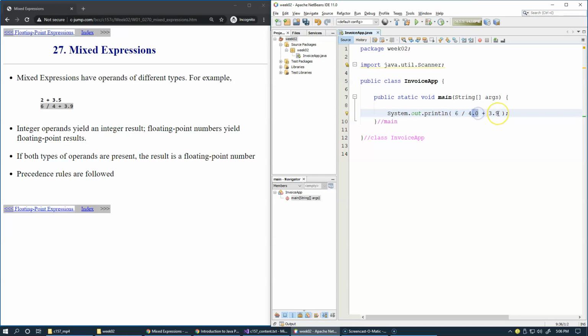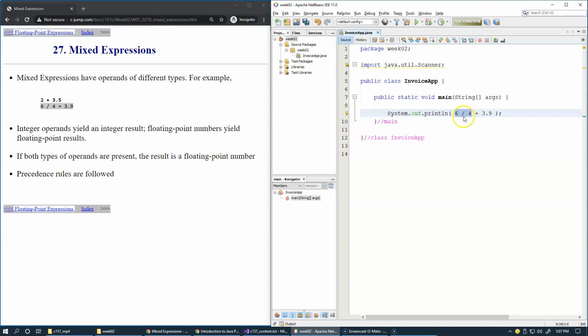But if both of those look like integers, the compiler decides that this is an integer expression and will apply integer arithmetic. It will simply divide 6 by 4, which is a 1 with a remainder of 2, and the remainder is thrown away, leaving you with the value of 1.